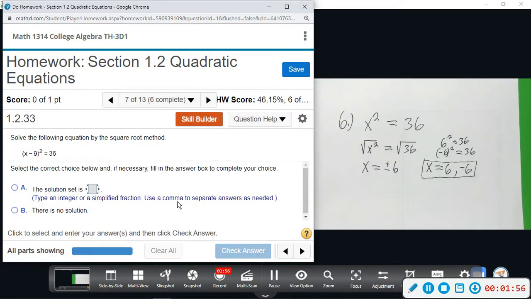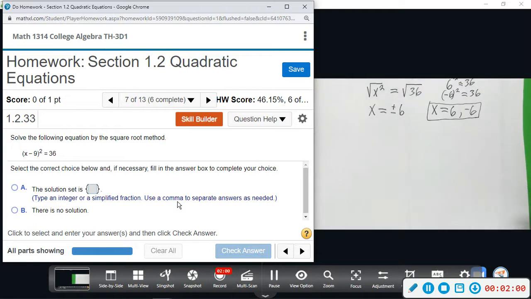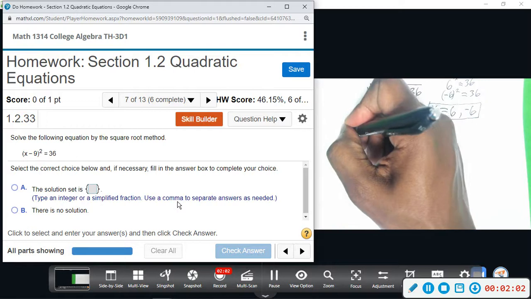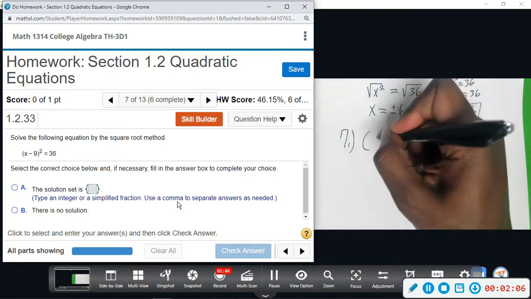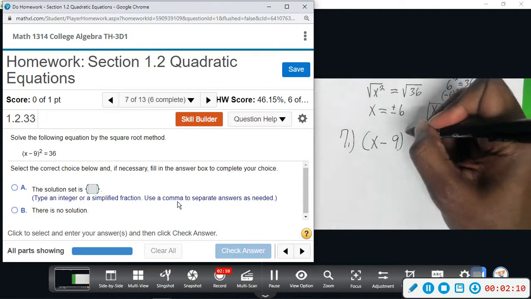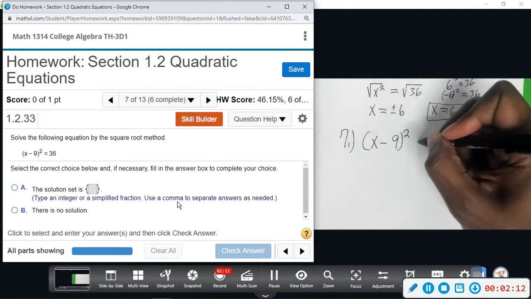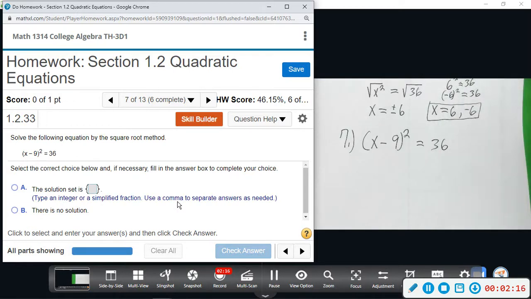Alright, number 7, same thing. We want to solve using the square root method. So we have in parentheses x minus 9, close parentheses, squared, equals 36. Okay, so again, we're going to take the square root of both sides.